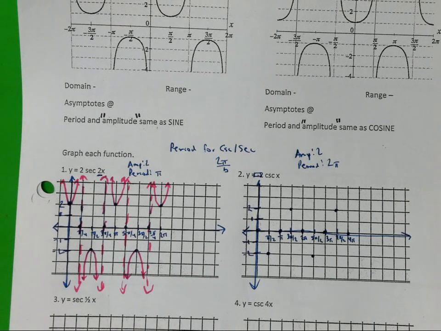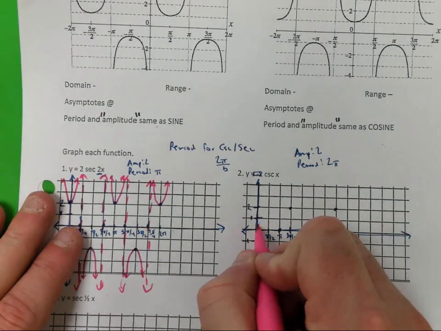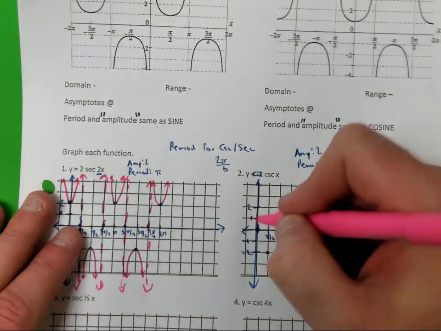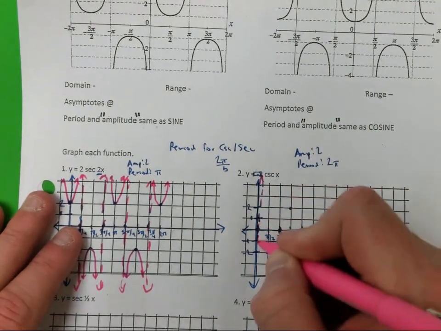Just like secant, wherever it touches the x-axis, there's an asymptote. It touches here, here, here, here, and here. So you make those asymptotes.